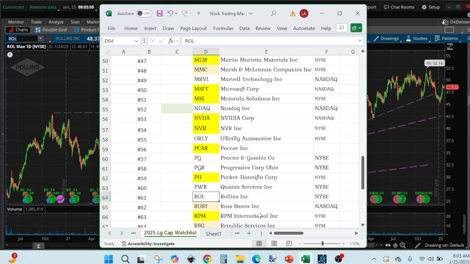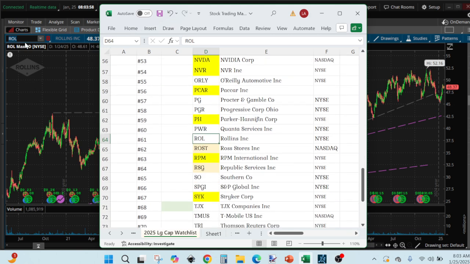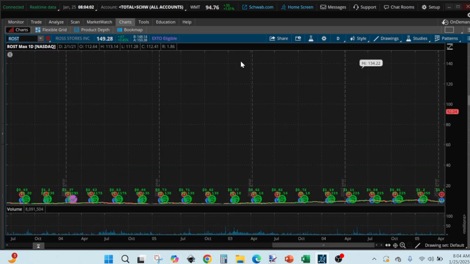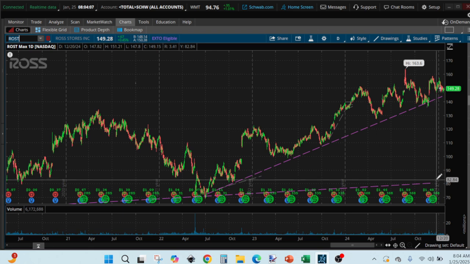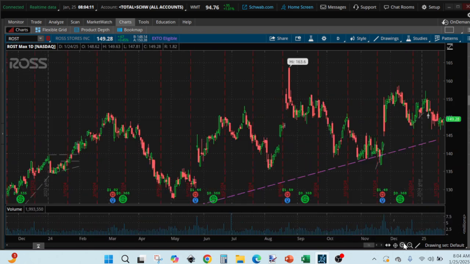So the next one is ROSE. And we purchased ROSE this year. We have two trend lines here. It does make a big mountain, so I don't know. We bought it at this trend line and it pulled back on us.